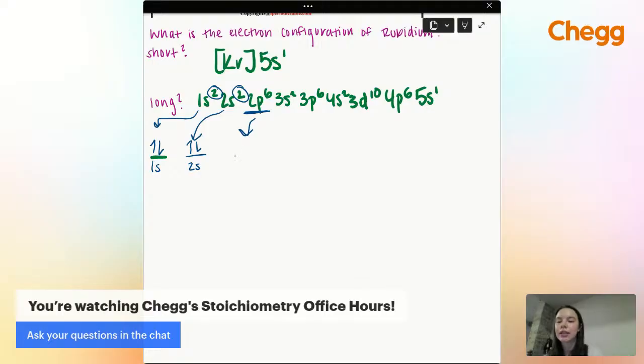So I have 3 lines. I have 6 electrons. So if you said 3 subshells, great job. 3 subshells equals 3 lines. Up, up, up, down, down, down, because I have 6 electrons. Then we're going to go to 3s. I have 2 electrons, up, down.